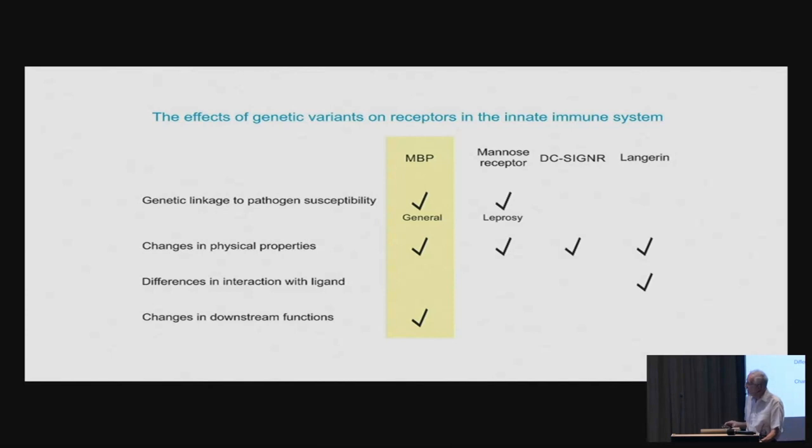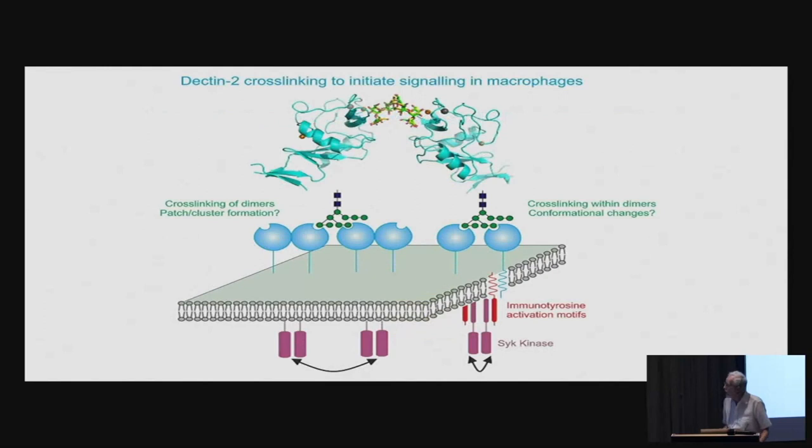In this case, they can cause differences in which ligands are interacted with. So we're hoping that this table will grow and we'll be able to map out additional functions through all those different steps.